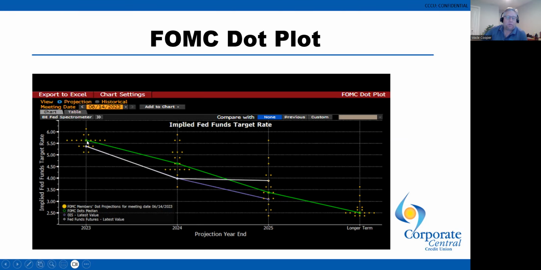So the green is the median where everybody thinks we're going to land. They think it's going to be above 5.5, and we're sitting at 5.3 and some change right now. So they still think we're going to go up a little bit by the end of the year, and then start coming down to somewhere between 4.5 and 4.75 next year.